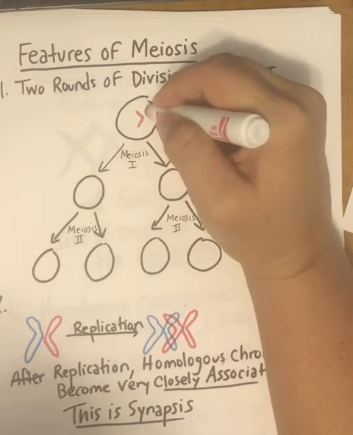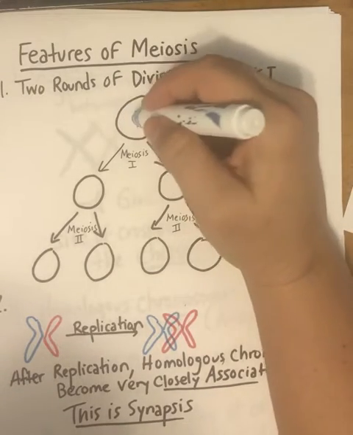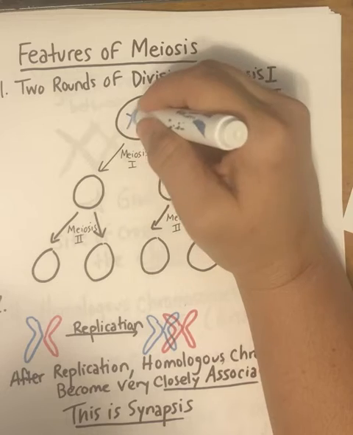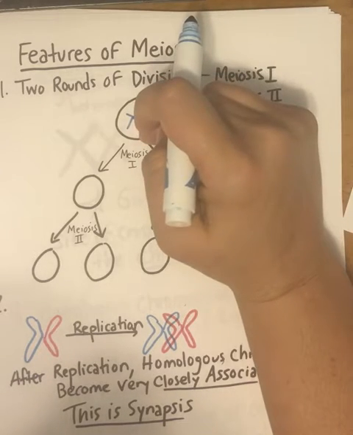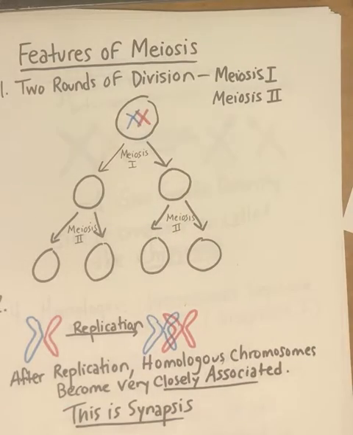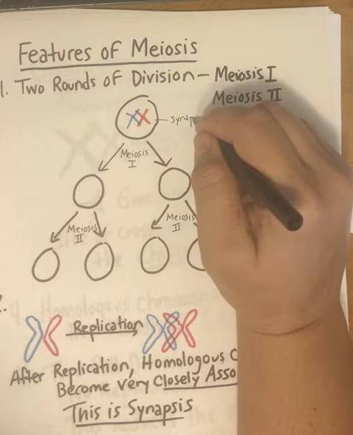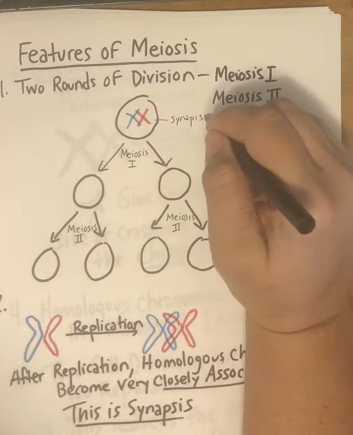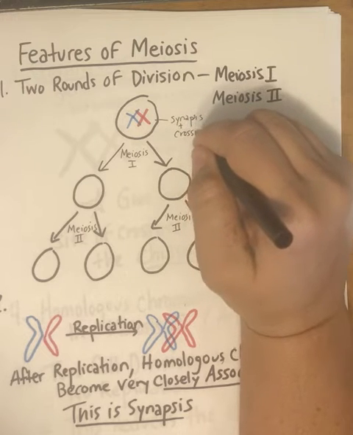Your mom and dad's chromosomes have already been replicated. So the first thing in meiosis 1 that we say is you have synapsis. In meiosis 1, you're going to have synapsis and crossing over.